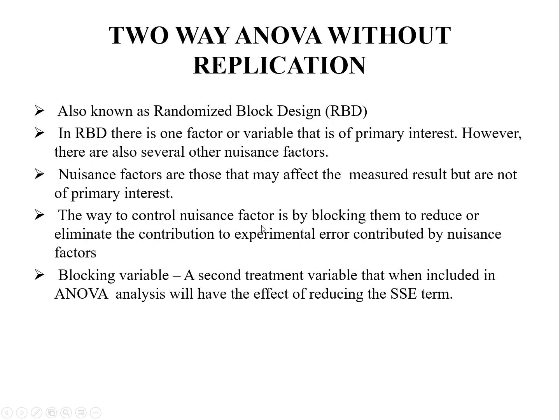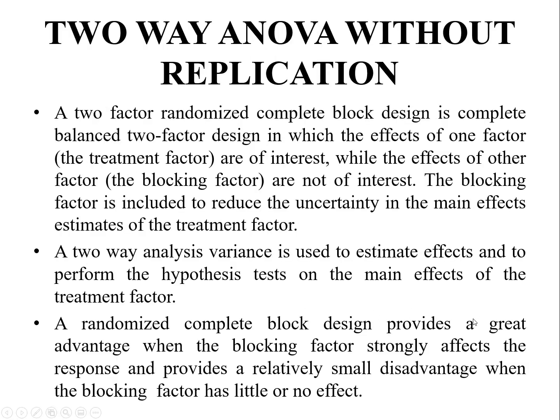The way to control a nuisance factor is by blocking it, to reduce or eliminate its contribution to experimental error. A blocking variable is a second treatment variable that, when included in the ANOVA analysis, has the effect of reducing the error sum of squares. So when we block these nuisance factors, which are not of primary interest, we reduce their effect by reducing the error sum of squares term.